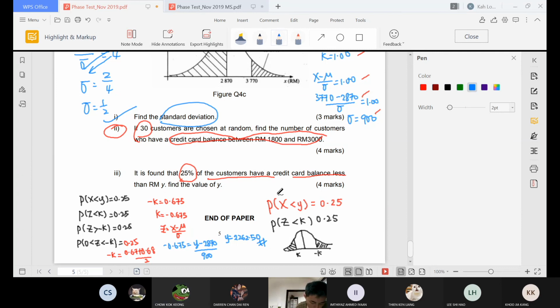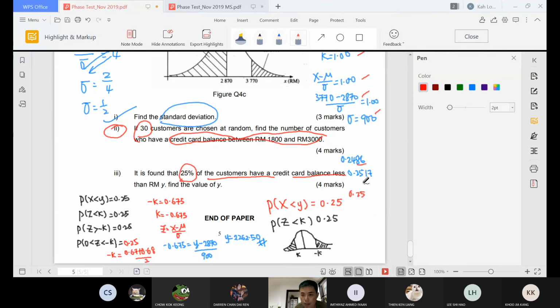It's not like, for example, you have 0.25, right? And then you see 0.67. You have 0.2486 and then 0.2517, right? Now you see these two numbers are not actually very close to 0.25.